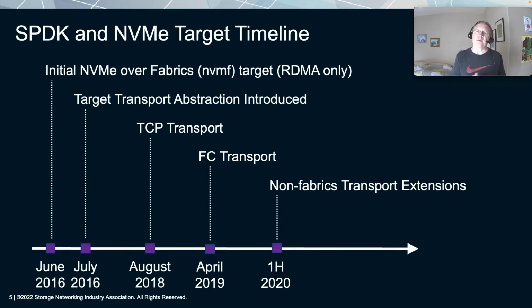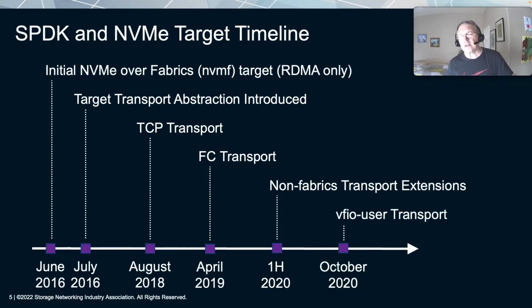And so we had several cases here where we needed to extend what the NVMe target did to support some of these non-fabrics cases. Following that, Changpeng Liu pushed out the VFIO-user transport code in October of 2020.